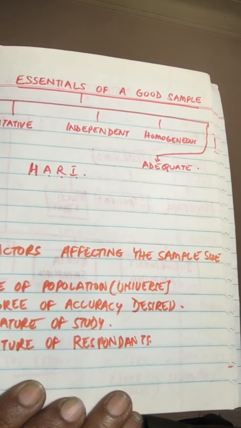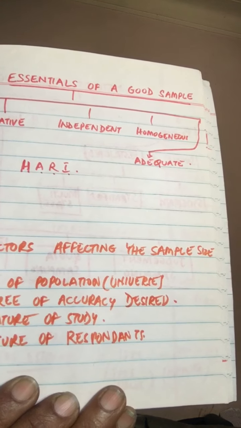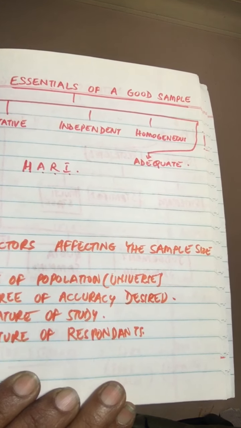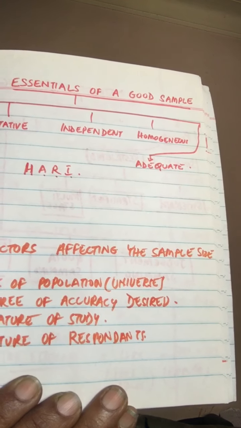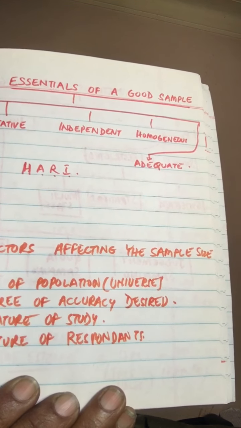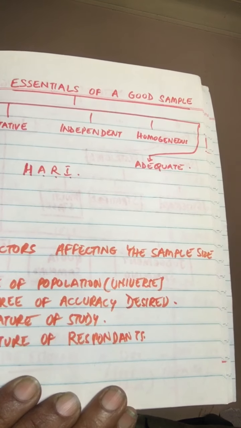An intensive study requires a smaller sample size, but an extensive study needs a larger sample size. The sample size also depends on the nature of the respondents. If the respondents are not cooperative, then a larger sample would be required.